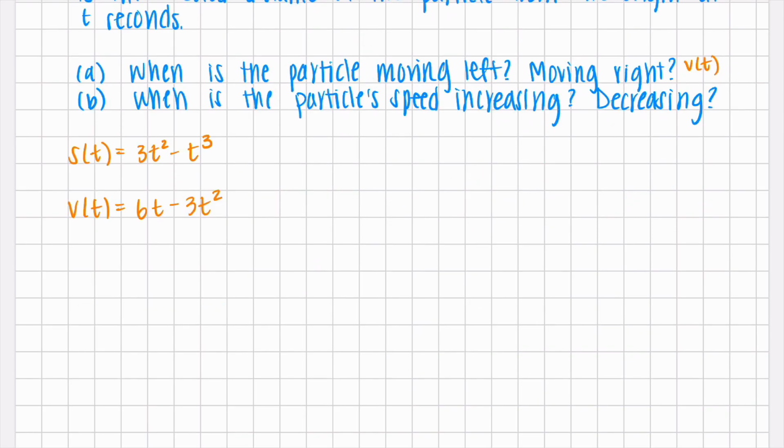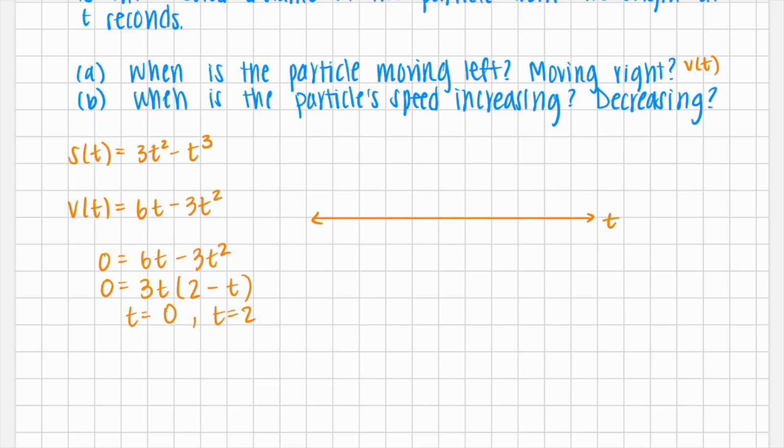I'm going to set my velocity equal to 0 so I can see where my particle is at rest. And I get t equals 0 and t equals 2. So I have two places where the particle is at rest. I'm going to make a number line.